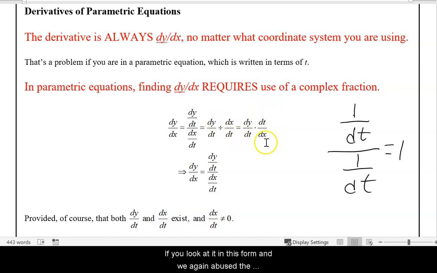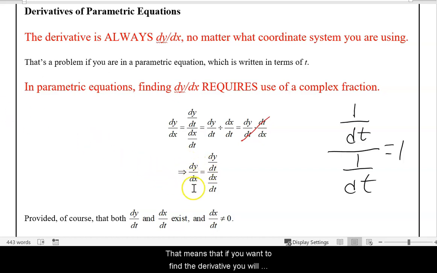If you look at it in this form, and we again abuse the notation, you'll see here that the dt's cancel, which gives me back what I started with, the derivative of y with respect to x. This is, of course, an abuse of notation. These don't actually represent fractions, but the genius again of Leibniz's notation is that we can treat it this way and solve it this way.